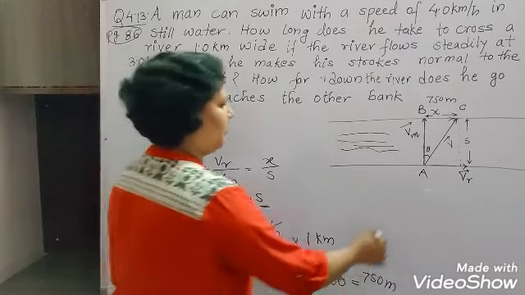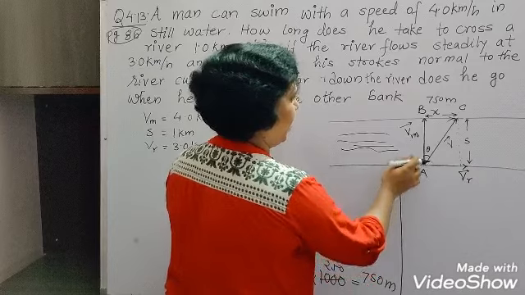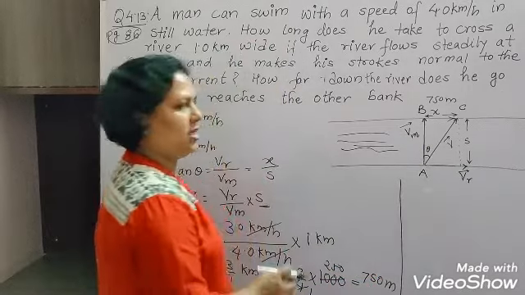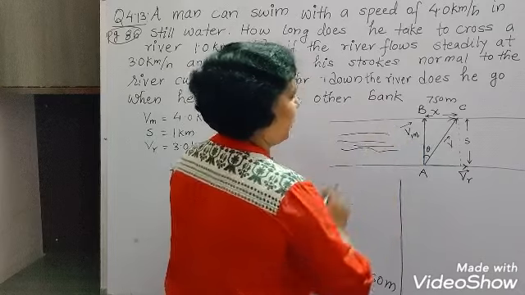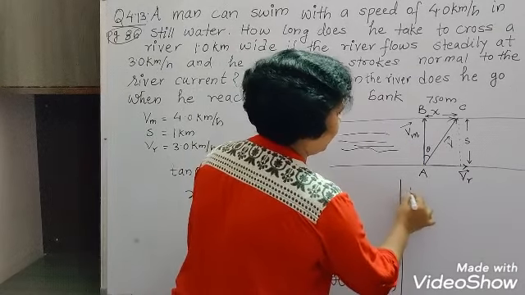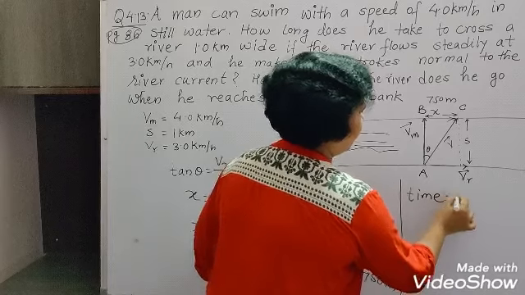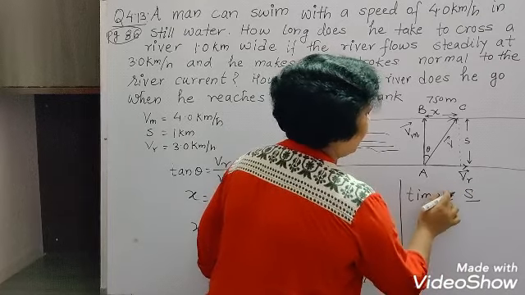To calculate time, we look at the distance, that is AB, and the velocity by which he is traveling or making the stroke, that is Vm. We know very well that time is equal to distance, S, upon speed.